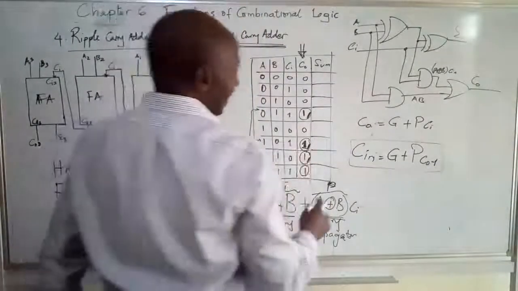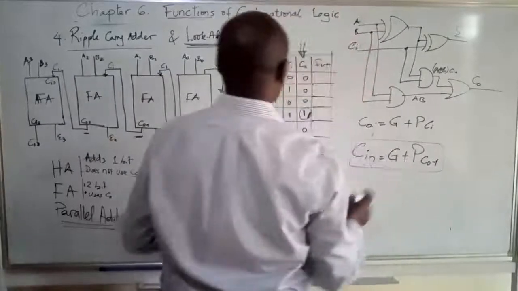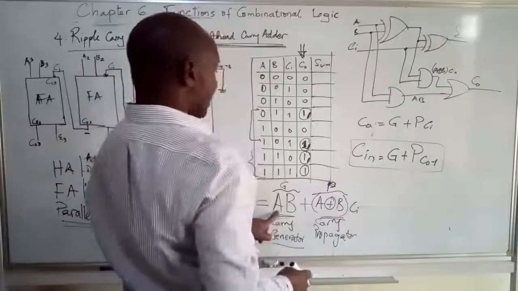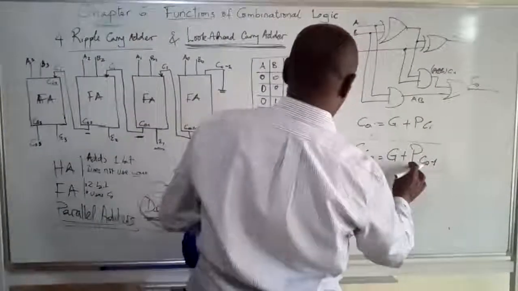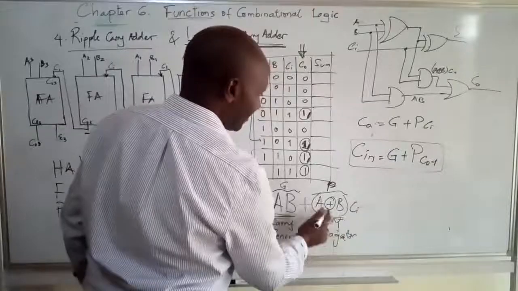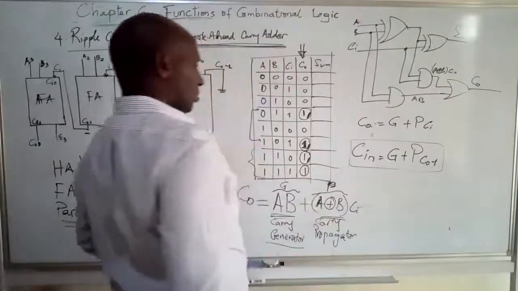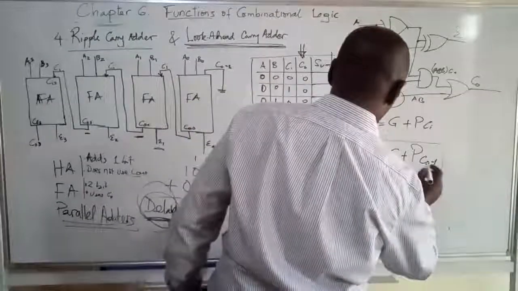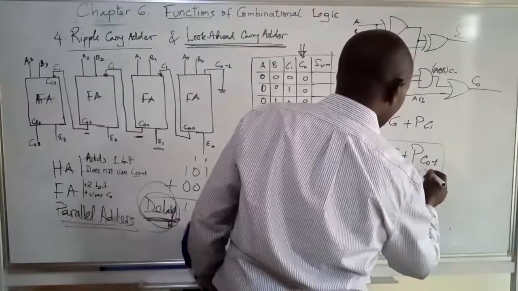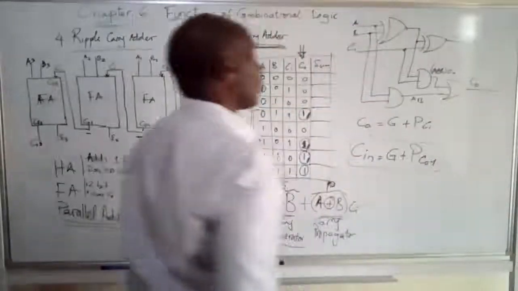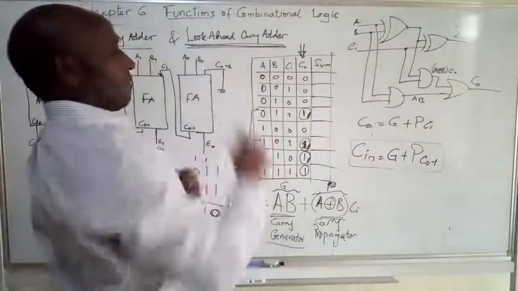So C in is equal to the generator, which is the AND gate of the inputs, or the propagator, the propagator is the XOR, exclusive OR of, and C out minus 1. So it means C out minus 1 for the previous.